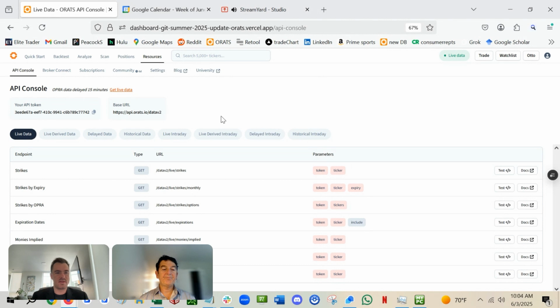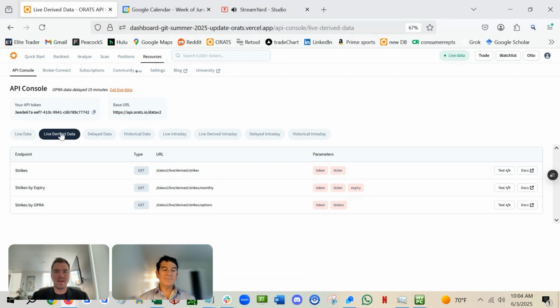The first tab is live data, second tab is live derived, third tab is delayed. When it comes to current data, we have a derived option, which is available to pros and enterprises who are looking to offer data in their platforms, but don't necessarily want to pay the exchange fees or the OPRA data fees for offering some data.